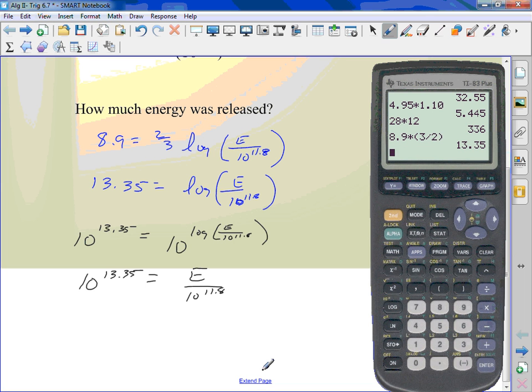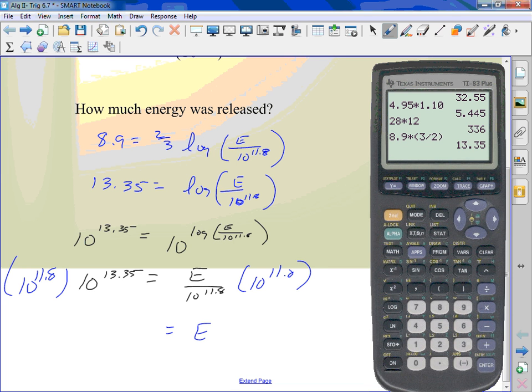How do I solve for E? Multiply by 10 to the 11.8. What do I do when I multiply?